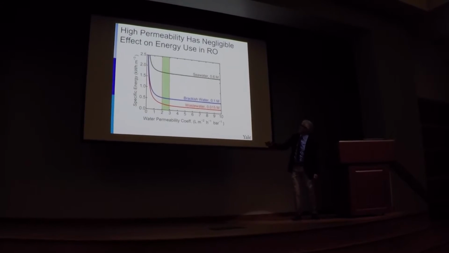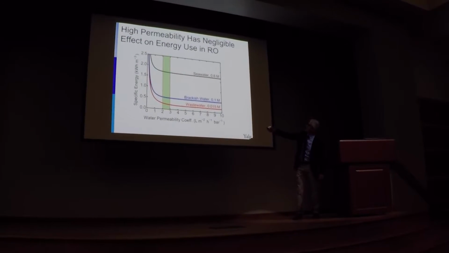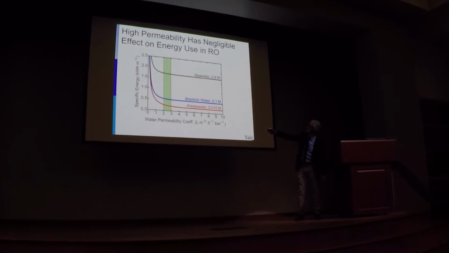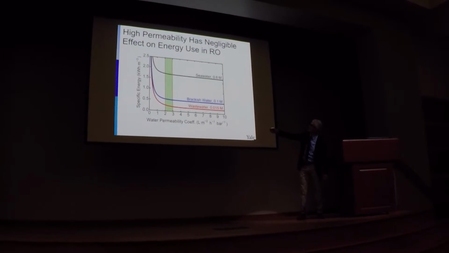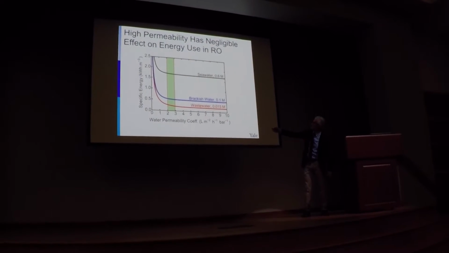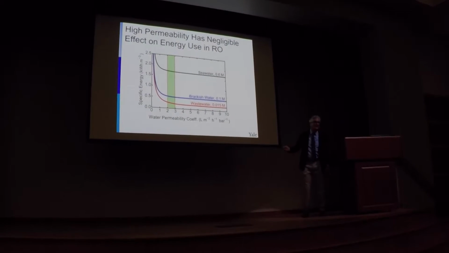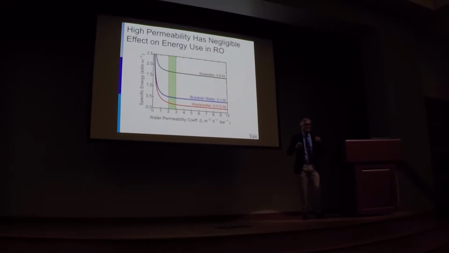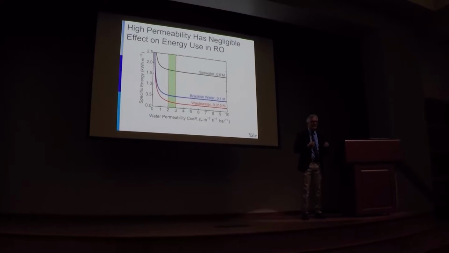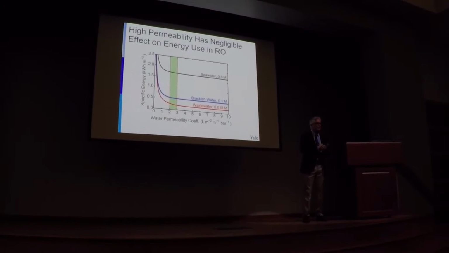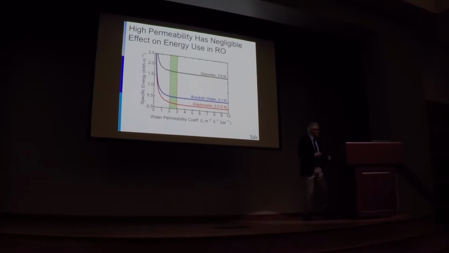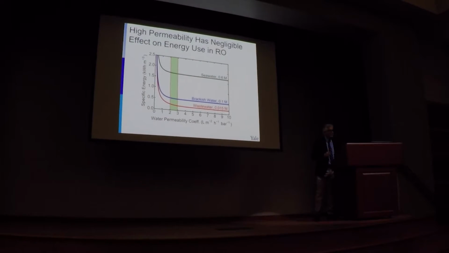As you see for seawater desalination, when the permeability is lower, as in the early 70s, you can really improve the energy. But once you reach this permeability, there's hardly any change, because the membrane resistance doesn't play a role. It's more the thermodynamics that control it, the osmotic pressure of the brine.